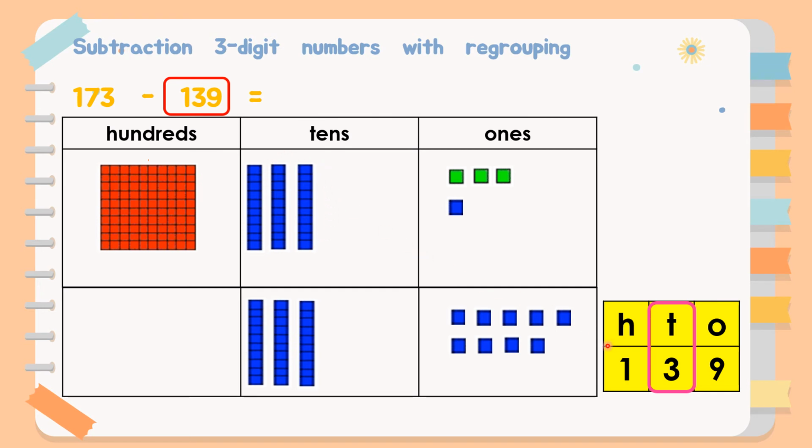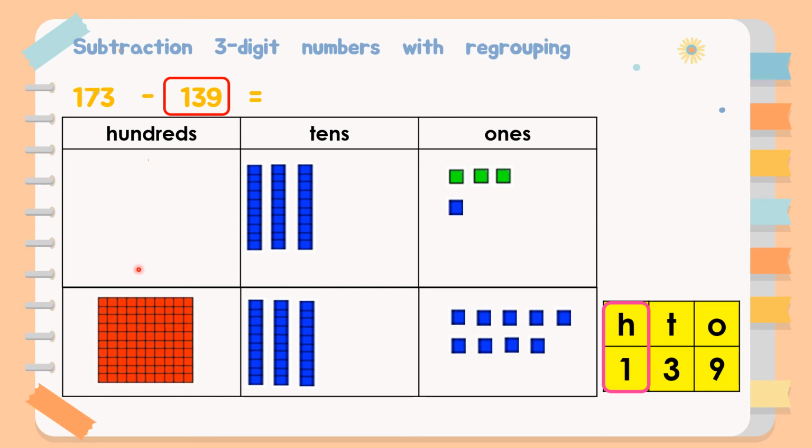Let's continue. In 100, can we take away 1 from 1? Yes, we can. Let's take 100 blocks. Now how many blocks here? Yes, there are 0 hundreds blocks left.